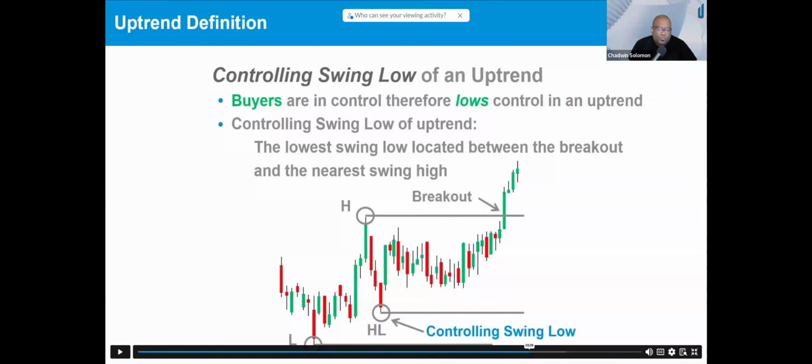If you draw your zone somewhere in here, you might not actually know that it can still run from something in here. So it's very important that the controlling swing low is at the correct point.